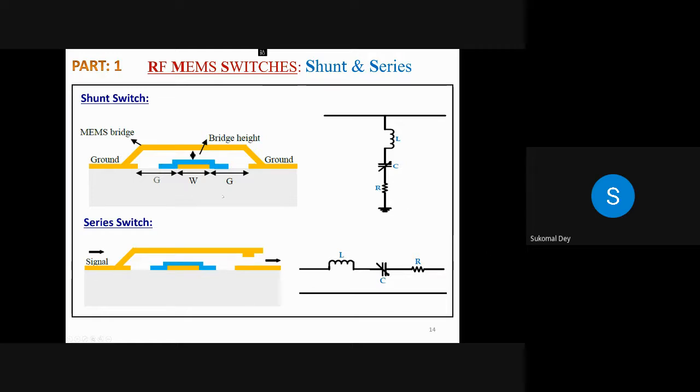Now, if I look at the micromachining technology from the shunt perspective, you can see the gray color is the substrate, and in orange, the first layer, there is a ground, then at the center a transmission line, and again the ground.